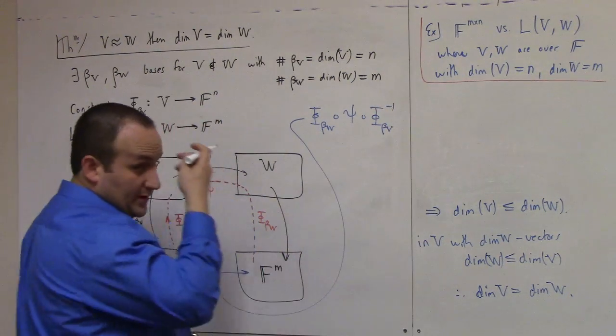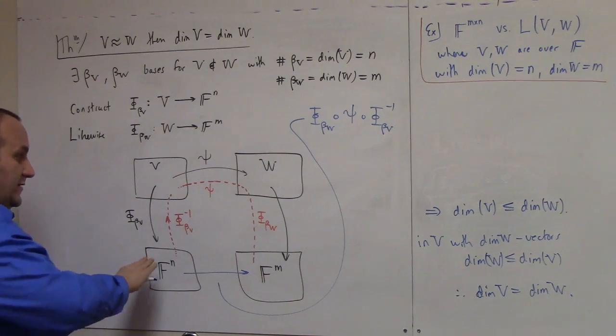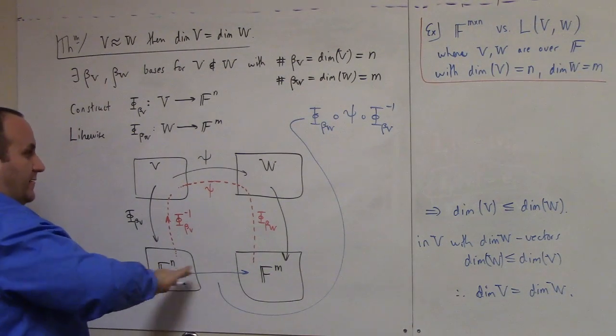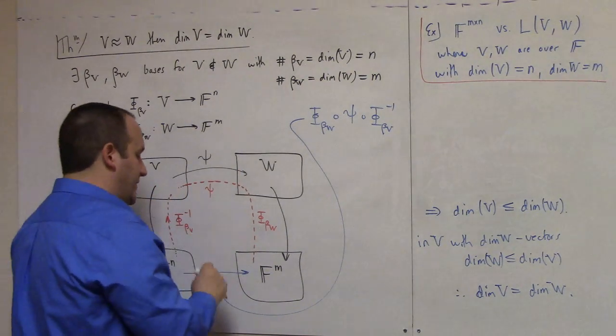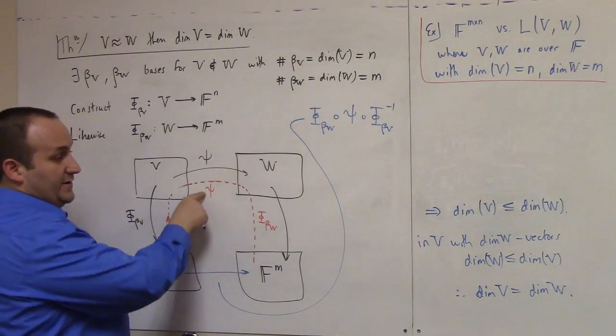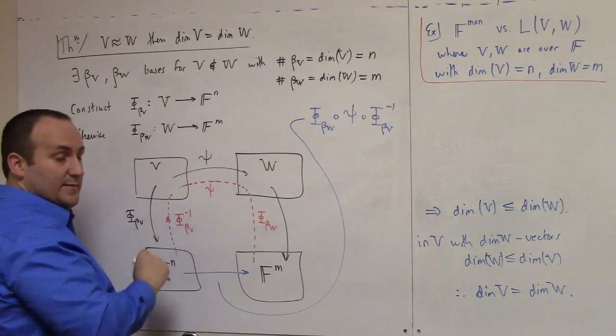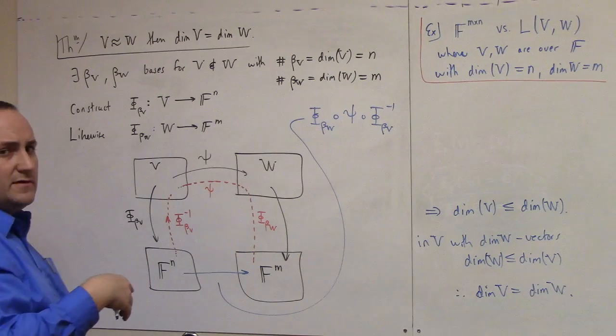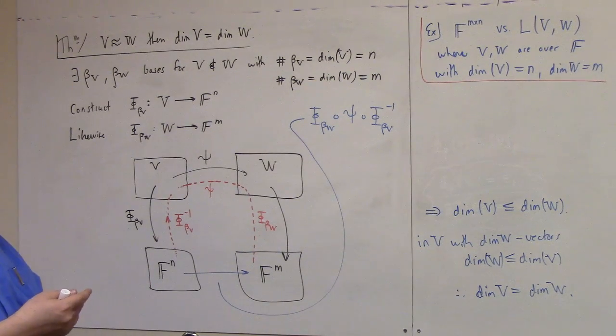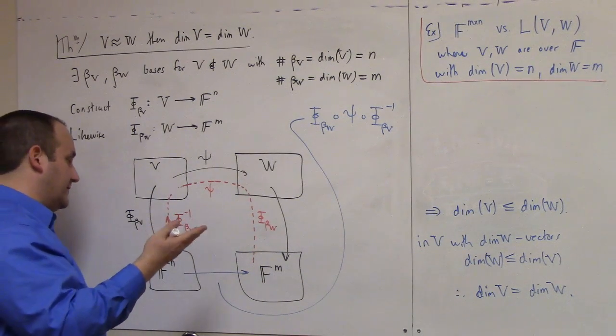phi beta V inverse. Now the wonderful thing about this blue arrow I just defined is it's the composition of linear transformations. That's a linear transformation, that's a linear transformation, that's a linear transformation. And the composition of linear transformations is a linear transformation. I proved it for 2 earlier today, but you can easily extend it to n by induction. Certainly 3.